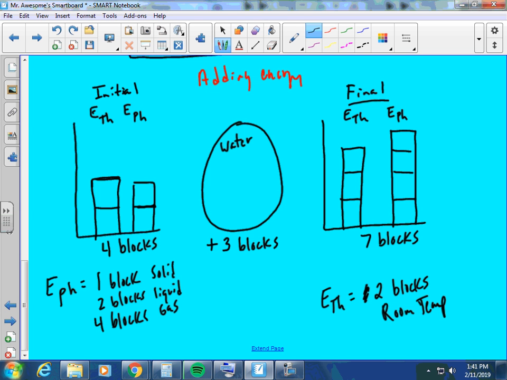So we have these 3 blocks I'm going to draw. Then I'm going to put an arrow at the top of them to show that they're going into the system. I also like putting a Q. A Q illustrates that I know this energy transfer is happening because of a collision of particles. You've heard me say that like 6 times now in this video.